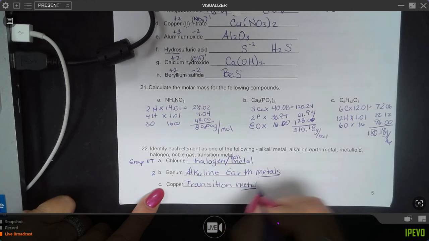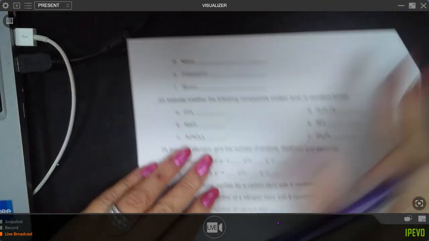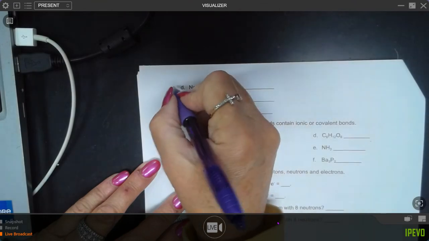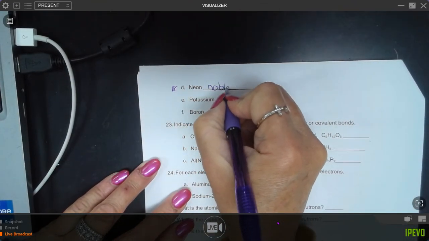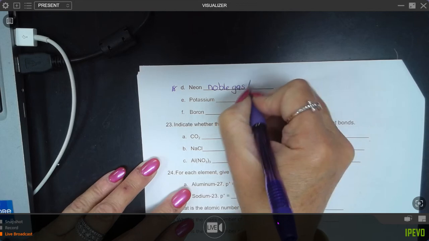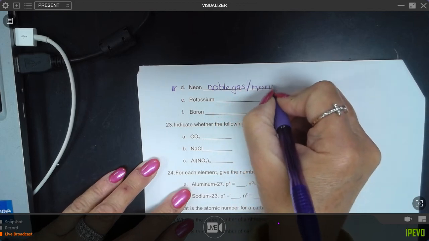Again, the name tells us that it's a metal. Jumping over here, neon is in group 18. That makes it a noble gas. Noble gases are all nonmetals.